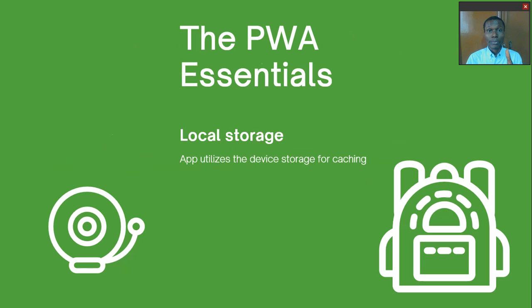All right, with background syncing and local storage, whatever is gotten from the server is stored on the storage for the device and for the user, and that helps us to cache a lot of data for the user.